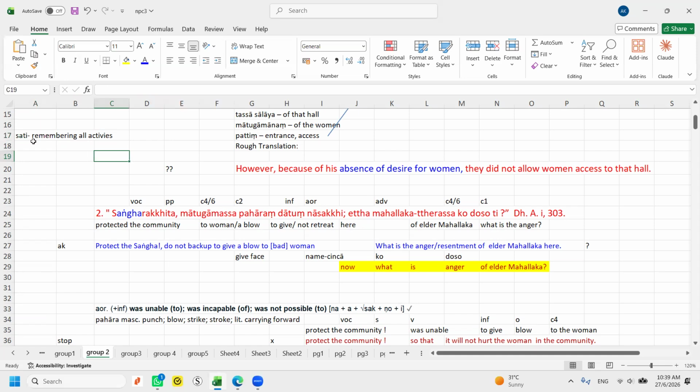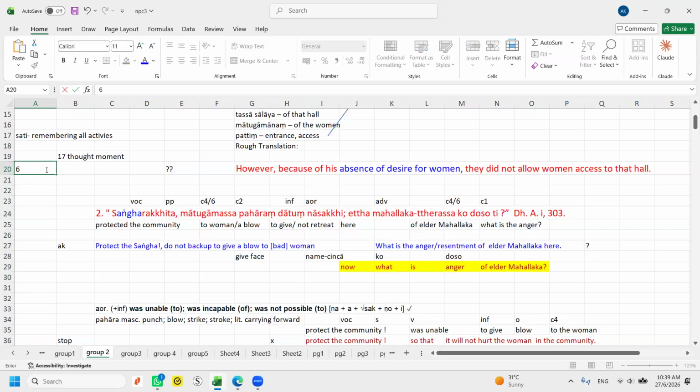So the cetasika arises automatically, because if you look at the 17 thought moments, it arises because of the 5 aggregates at the six sense bases.